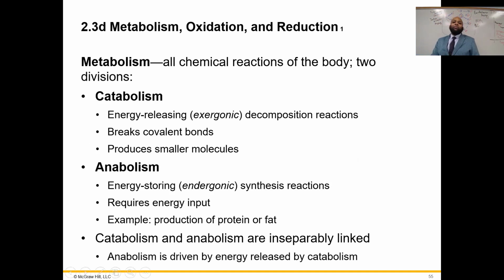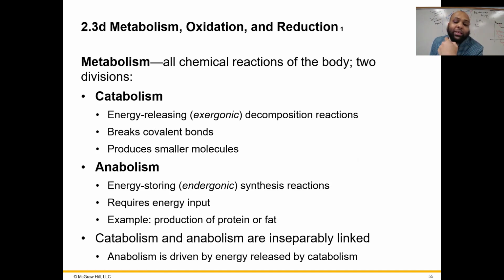So metabolism is the sum of all the reactions. Catabolism is breaking down macromolecules into micromolecules, and that is going to get energy out. That's known as exergonic, breaking the covalent bonds to get energy.